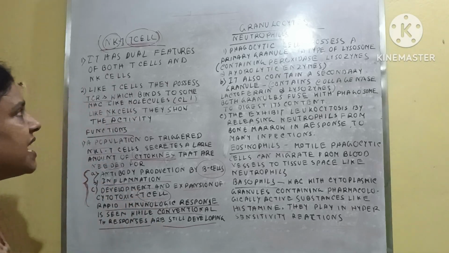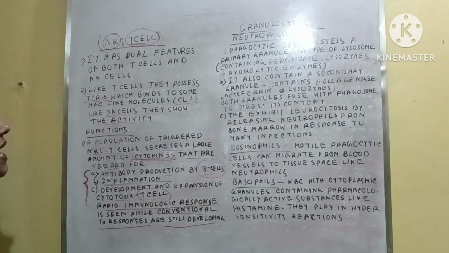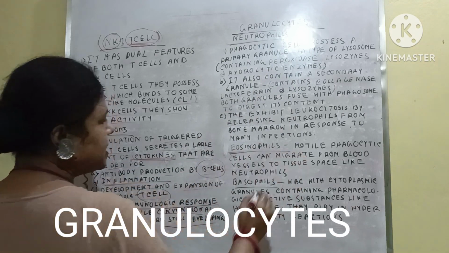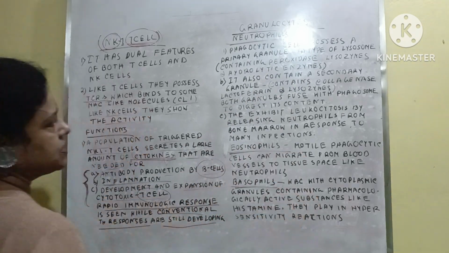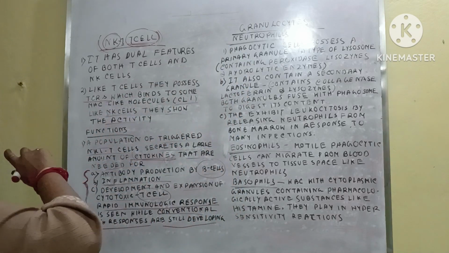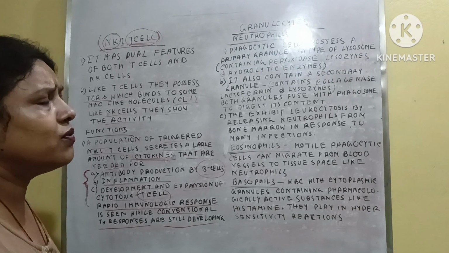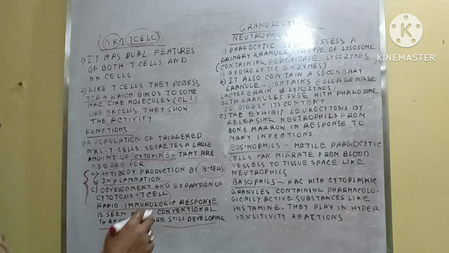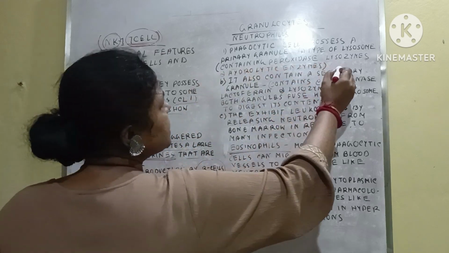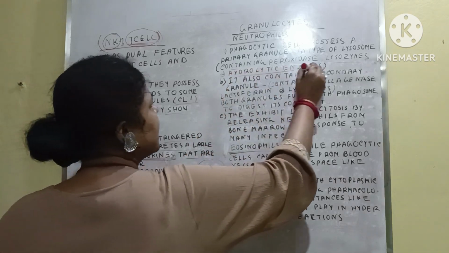Clear? Second one is the granulocytes. Under granulocytes, there are neutrophils, eosinophils and basophils. Okay, so neutrophils are actually part of the WBC, obviously, white blood cells. These generally contain peroxidase, lysozymes and hydrolytic enzymes.